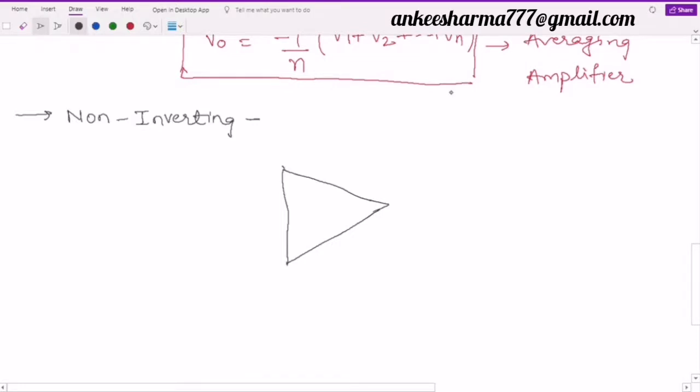Now there will be no input at the inverting terminal, but we have a feedback, and this feedback is negative feedback, so definitely this feedback circuitry will be at the inverting terminal. This is again Rf, this is the R1, and no input is connected, it is grounded. But what we will do, we will connect the inputs at the non-inverting terminal.